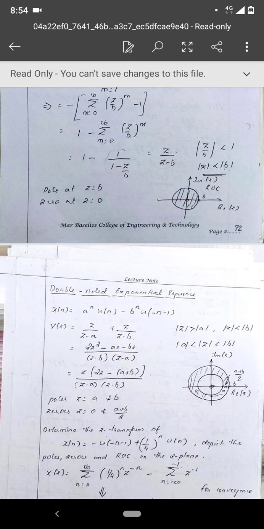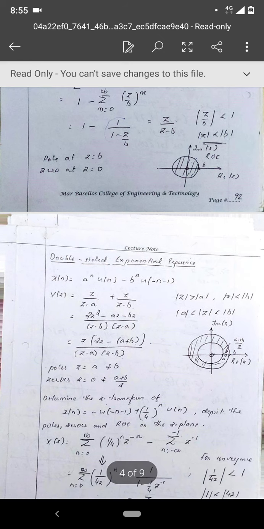So one thing I can conclude: for all the causal sequences, the ROC was outside the circle, whereas here it's an anti-causal signal. That is one of the inferences from this result. For an anti-causal signal sequence, you will have the ROC inside the circle.